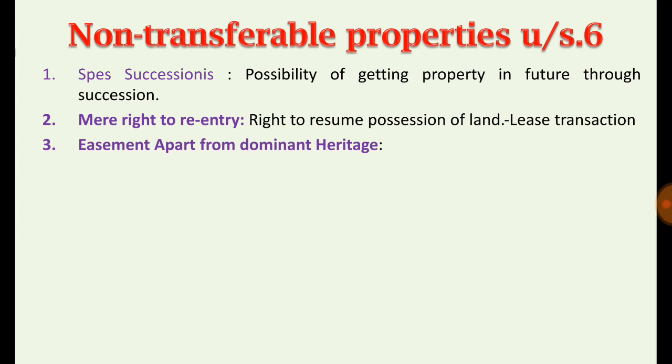Therefore, you cannot transfer the easement right without transfer of the dominant heritage. For example, if a right of way is available to a particular person, and that right of way is on the neighbor's land, that person cannot sell his right of way to a third person without transferring his property. This is an incidental right, so it cannot be transferred.